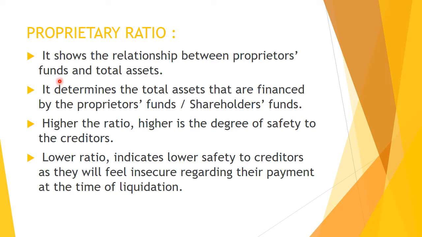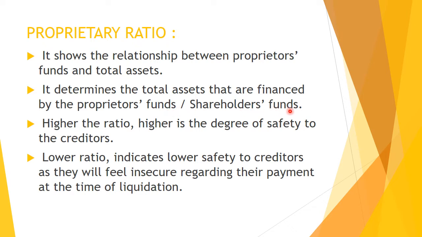So how much of shareholders' fund has been used to purchase the assets of the firm, that is what is calculated over here in the proprietary ratio. Now it determines the total assets that are financed by the proprietors' funds or shareholders' funds. How much amount has been spent in purchasing the total assets, that is what is studied over here.